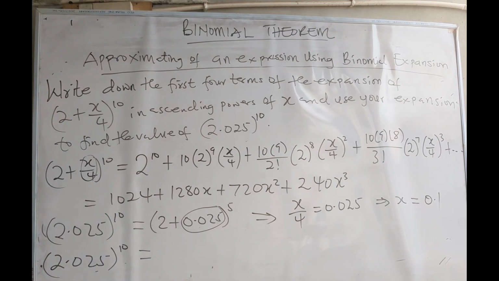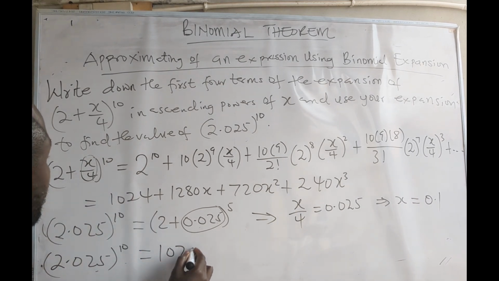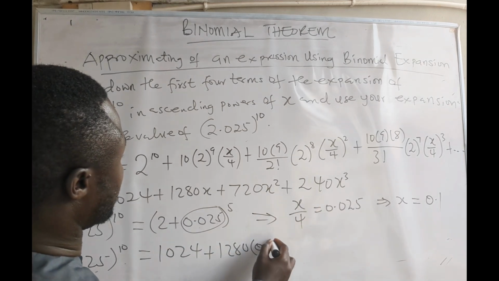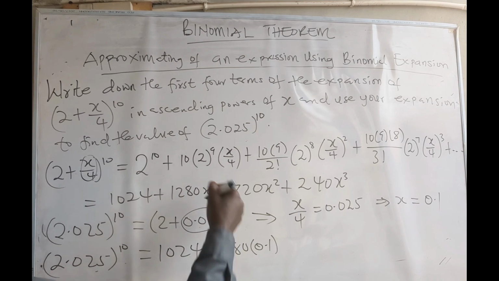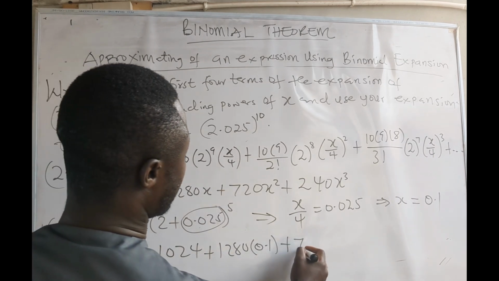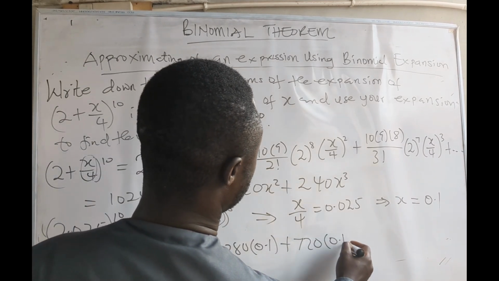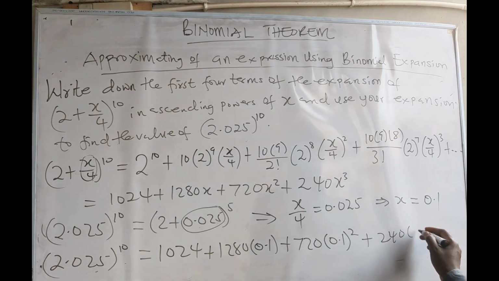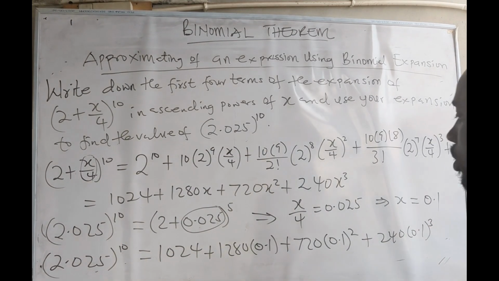So exponent 10 is equal to 1024 plus 1280 multiplied by x, which is 0.1. So we substitute x into the expansion. Then 720 multiplied by 0.1 exponent 2, plus 240 multiplied by 0.1 exponent 3.